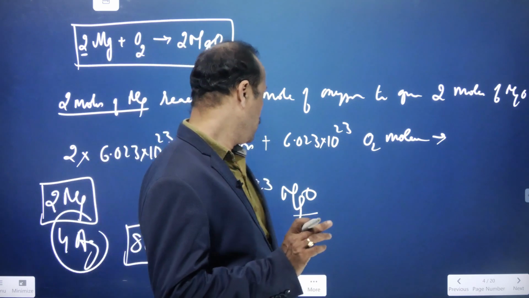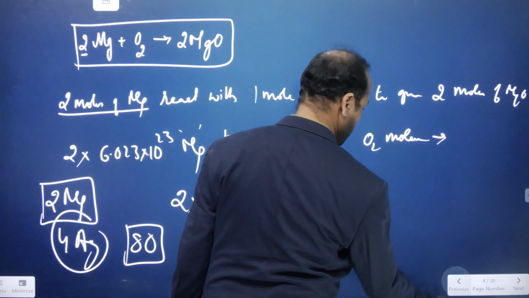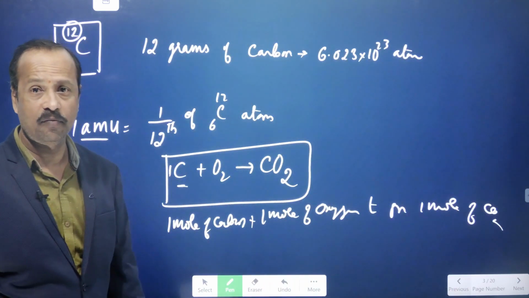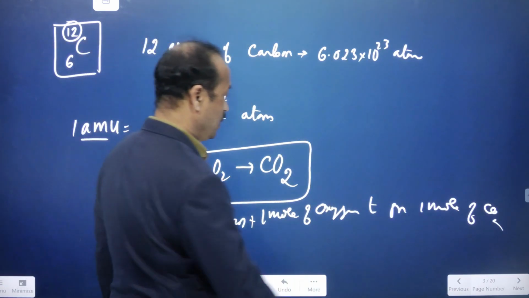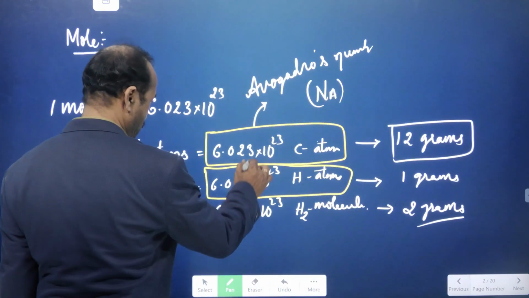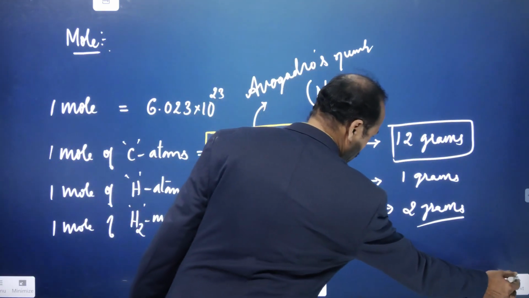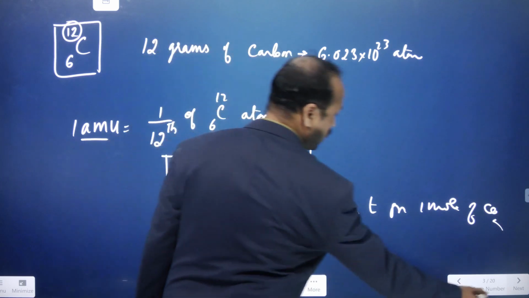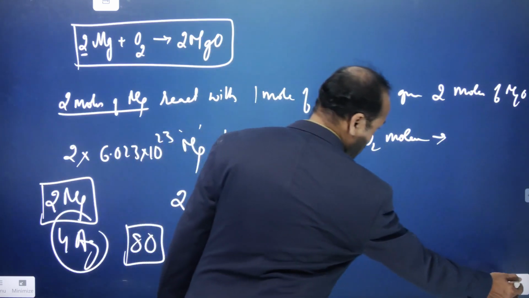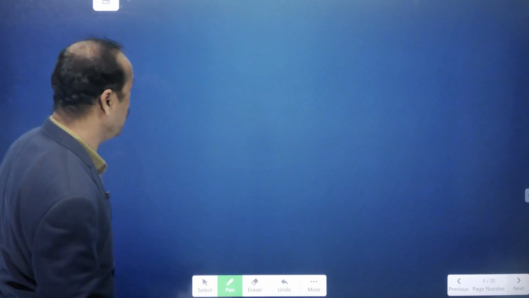Okay sir, till here you said that it can be expressed in number, mass and volume. You gave the number and the masses, so what about the volume? Yes, now I will go to the volume. So students, listen carefully here.